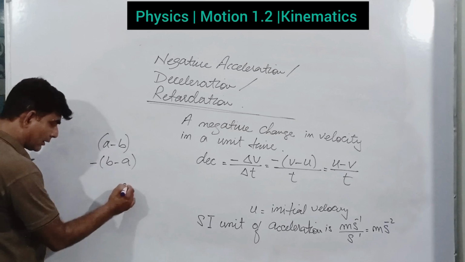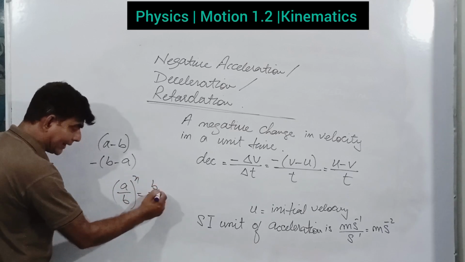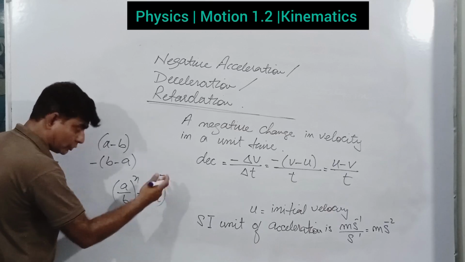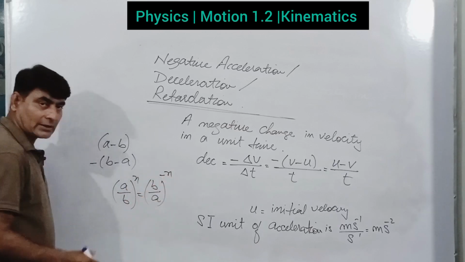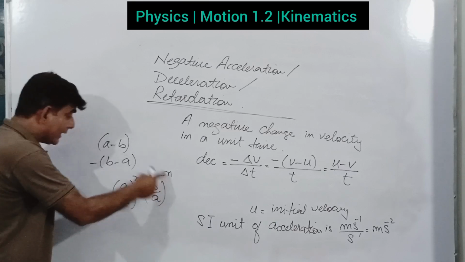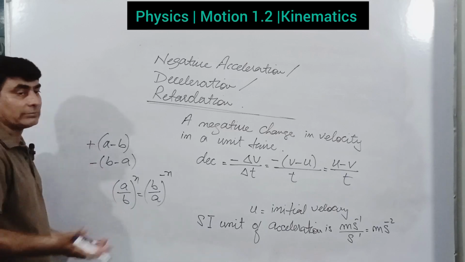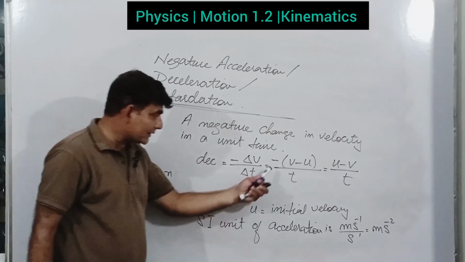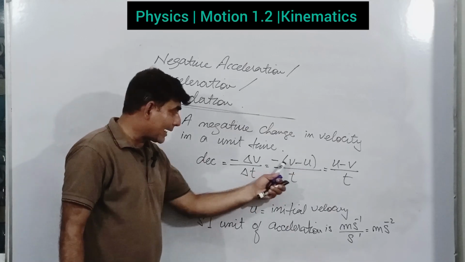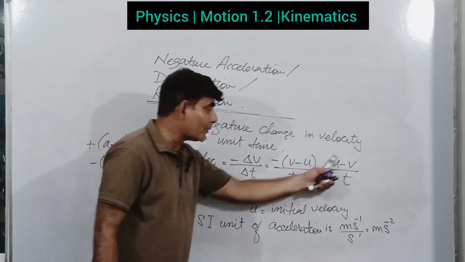Same thing: if we have a upon b to power n and write b upon a, you should take negative n. If you replace their position, the sign will become negative. So when this minus sign is applied, we should write u minus v upon t.